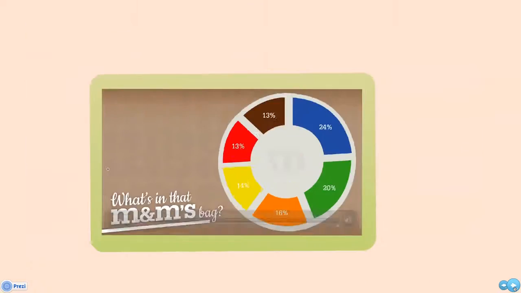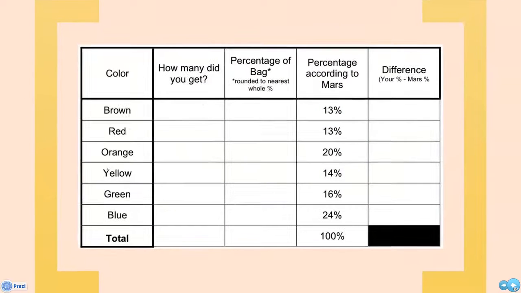Okay, on your worksheet, there's a chart. You'll see that the frequency percentages published by Mars are already filled in for you. Mars is the company that makes M&Ms. In pairs, you're going to open your bags, count your colors, and fill in the rest of the chart. I already did my own bag, and here's what I got.